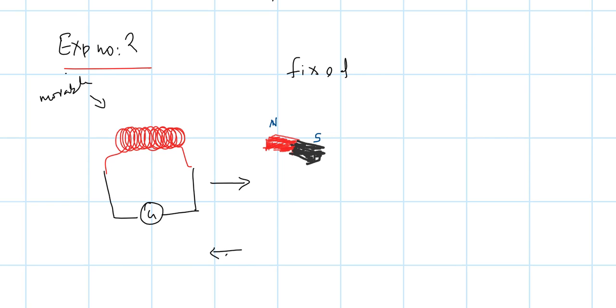In this case also, it was observed that the galvanometer connected to the coil circuit detects current inside the circuit.